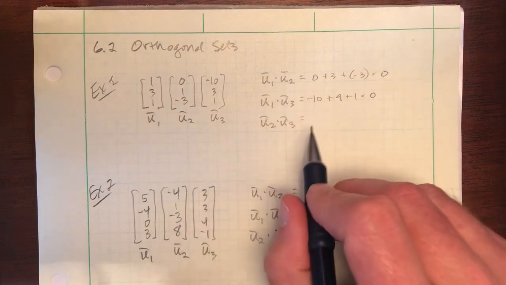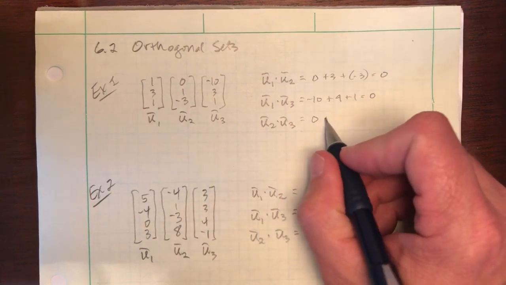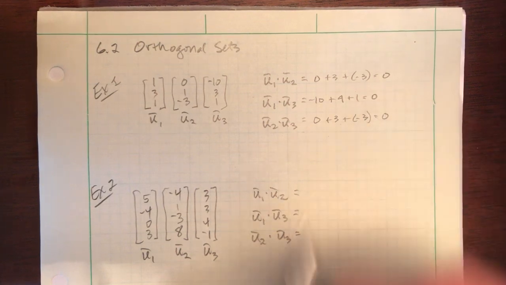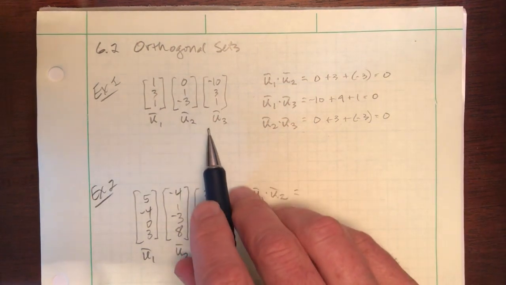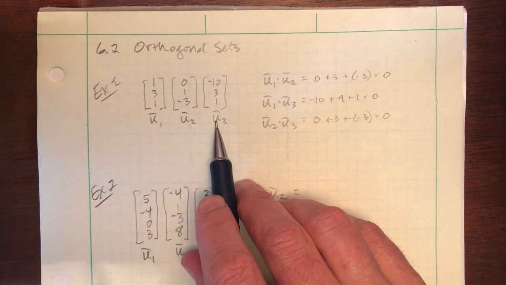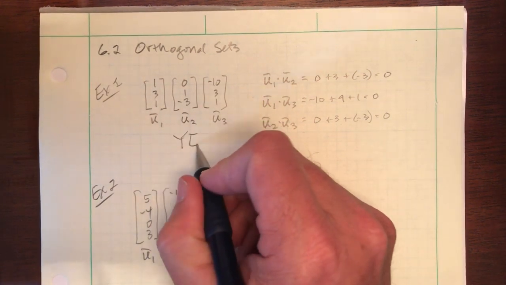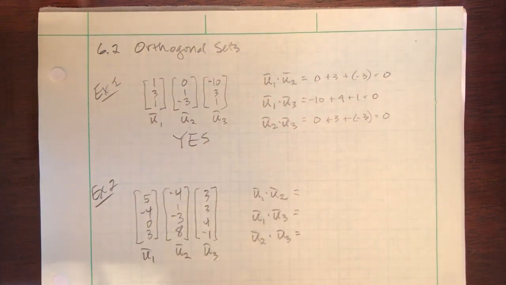And finally u2 to u3, 0, positive 3, and negative 3. Yeah, so every pair of vectors is orthogonal. And we checked all three, so this, yes, is an orthogonal set.